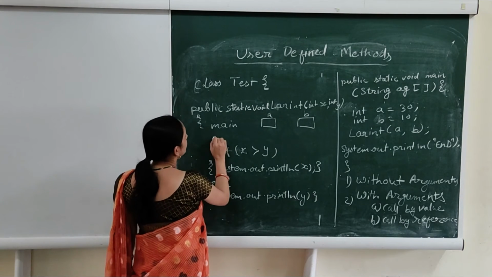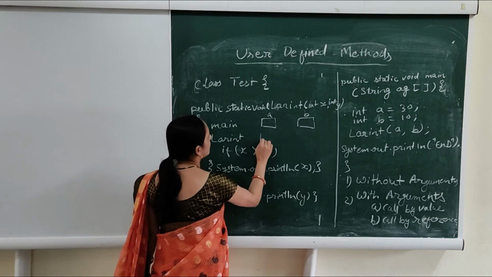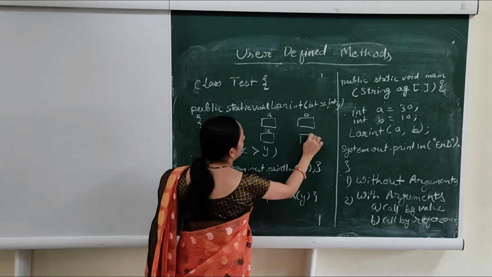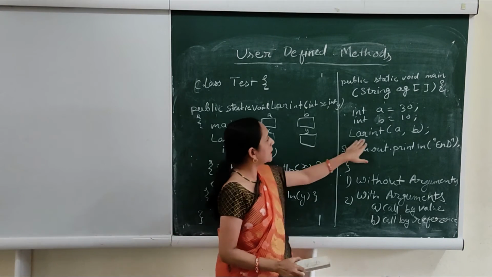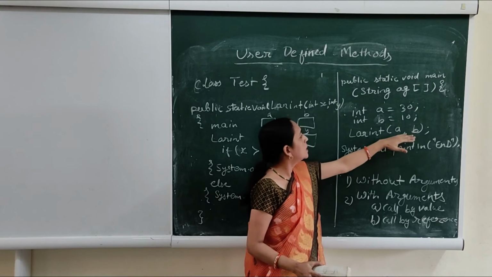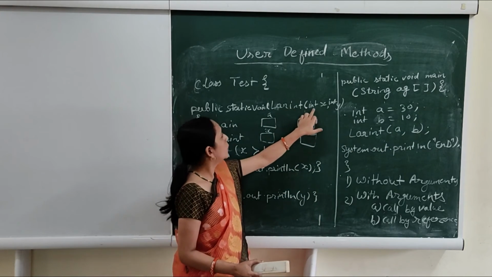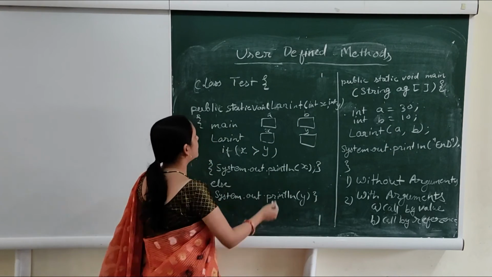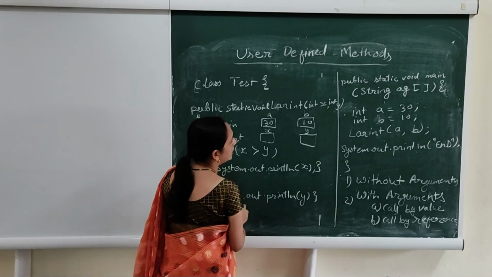Now your next method is lar int, and its variables are x and y. When you are calling this function, at this time main's a and b variables send a copy of their values to the method. Here we have assigned a the value 30 and b the value 10.